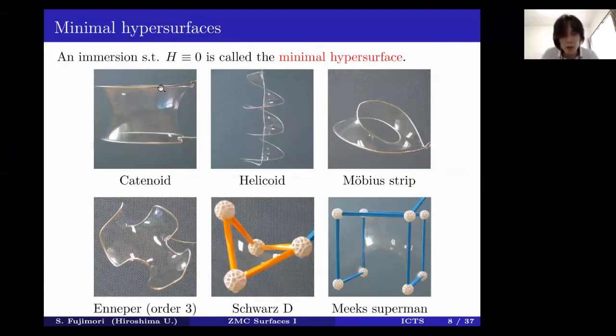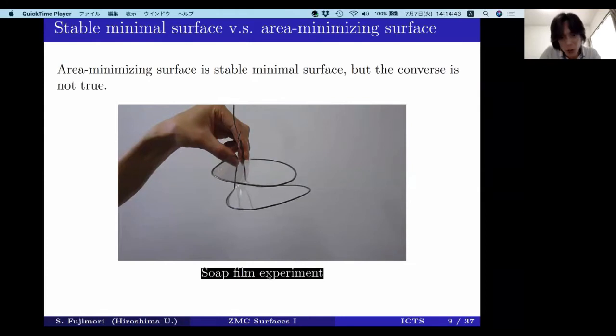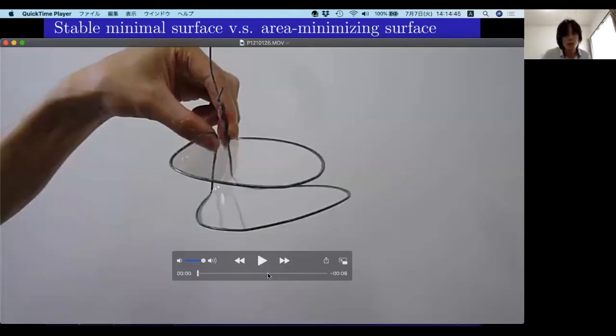And so we have many surfaces. Also I will note the relation between stable minimal surfaces and area minimizing surfaces. As we have seen, an area minimizing surface is a stable minimal surface, but the converse is not always true. Let me show another soap film experiment.